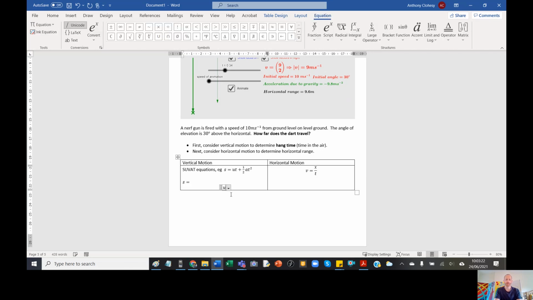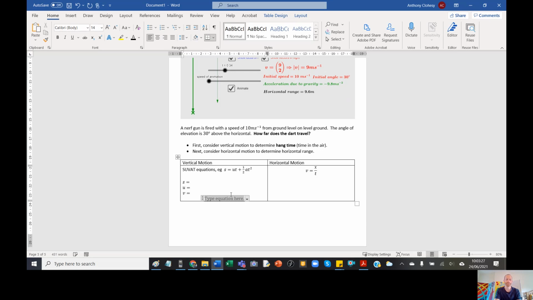So we have S, U, V, A, and T. And on this side, we will have V, X, T. And crucially, the V here is not the same as the V over here. This V on the left is the final speed vertically, whereas the V on the right is the initial speed and the final speed and the average speed. It's the constant speed throughout the motion horizontally.